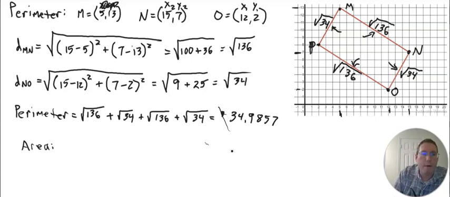Now to get the area. The area is base times height. We can call OP the base and MP the height.